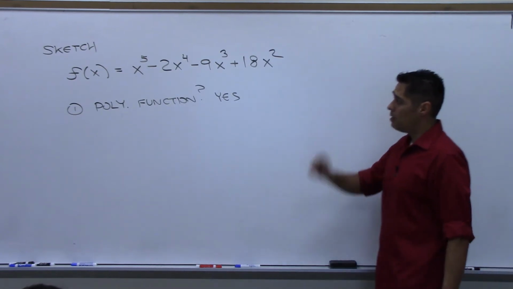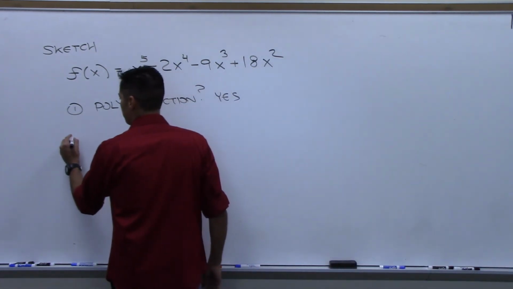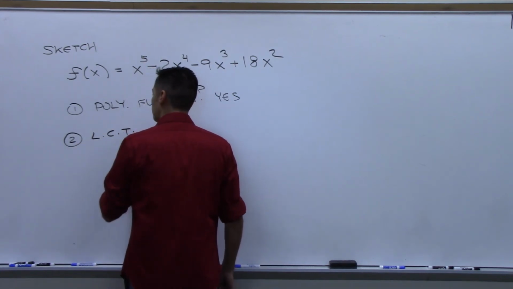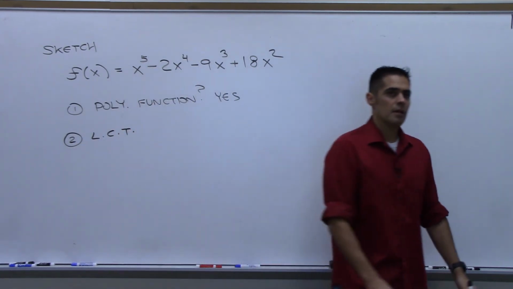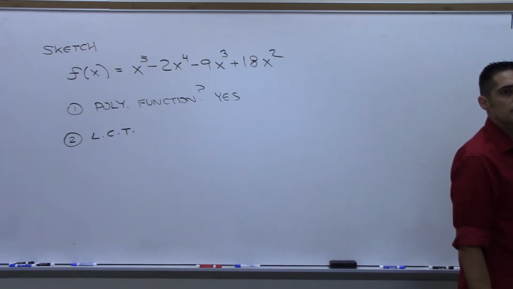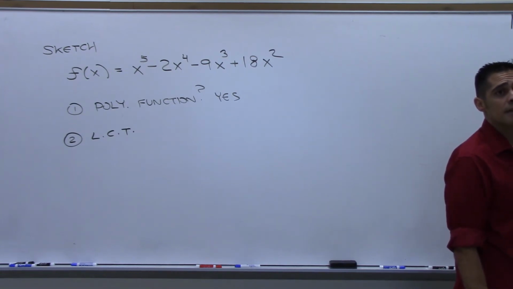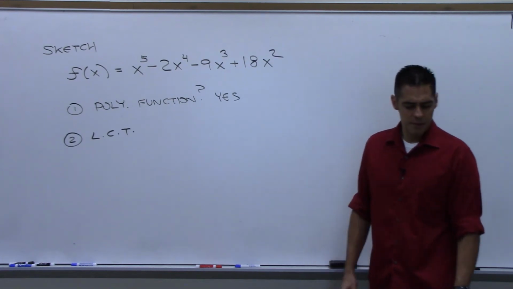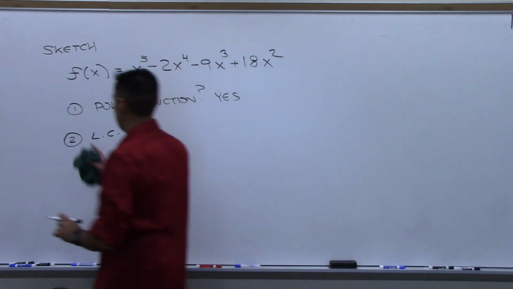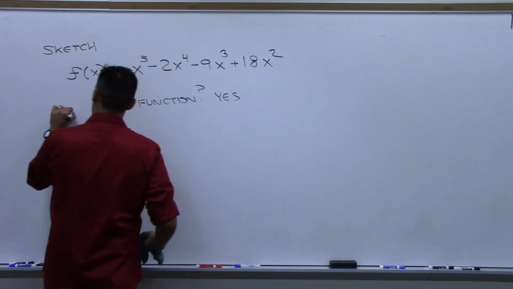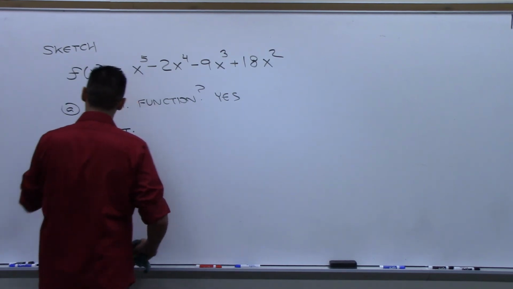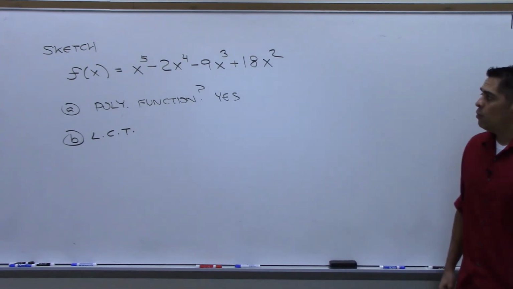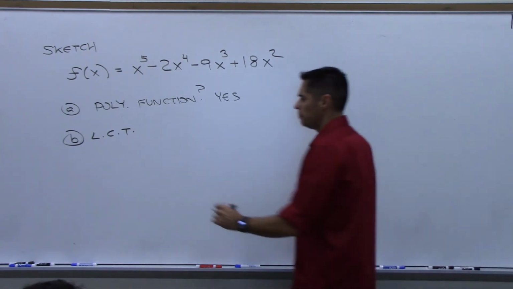All right, so it's a polynomial function. Next thing I'm going to do is figure out what the end behavior is. I'm going to use the leading coefficient test real quick. I'm following these steps right here. Make sure you're looking at a polynomial. I'll change it to A, B, C, D instead, so it follows the notes. The leading coefficient test. What is the degree of this polynomial? 5.